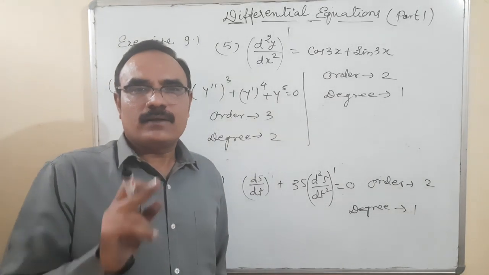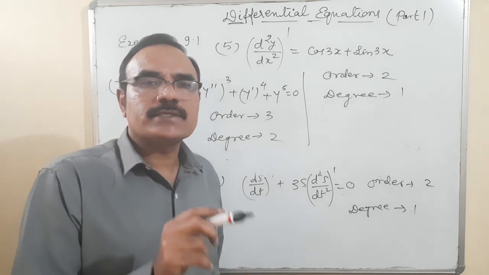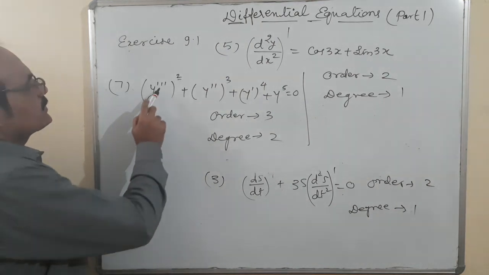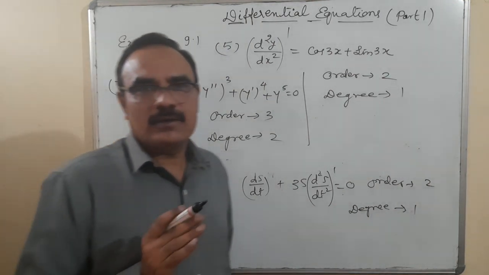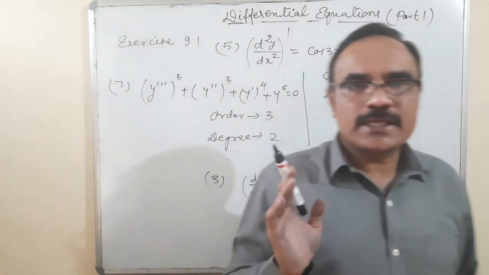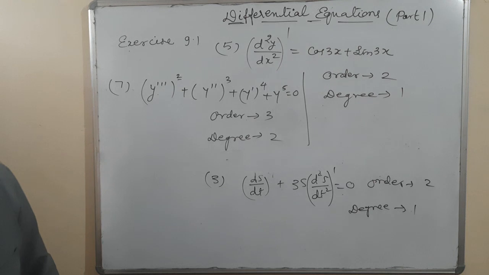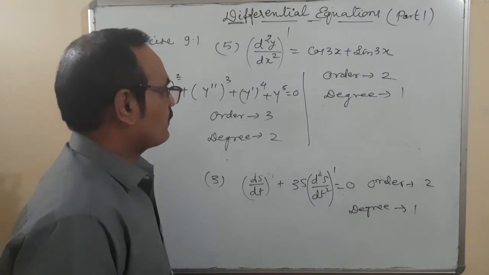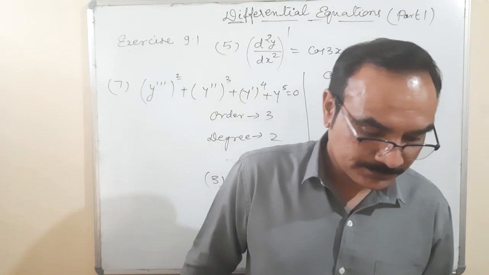No. Degree is the power on the highest derivative. Always remember, first you check the highest ordered derivative term, and whatever its power is, that is the degree. And before that you check whether the degree is defined, yes or no.